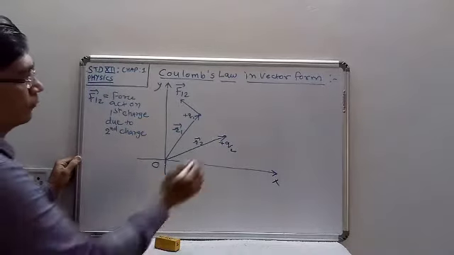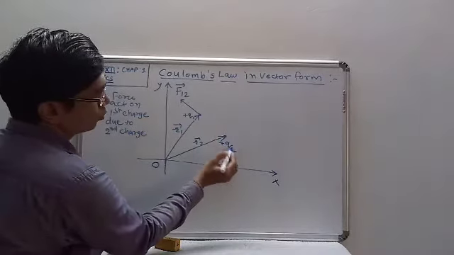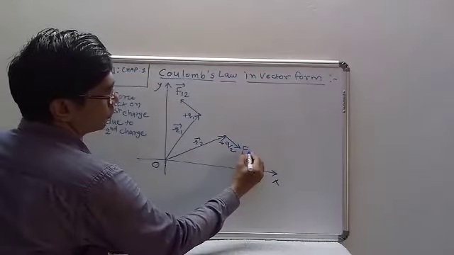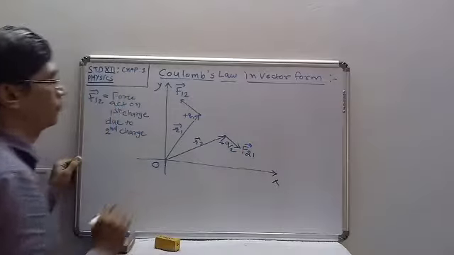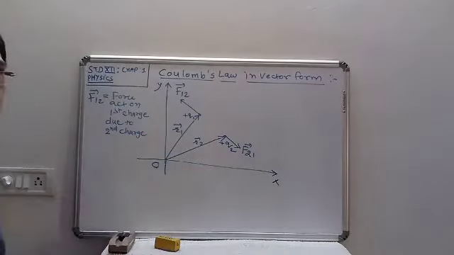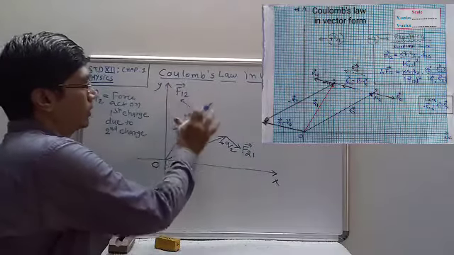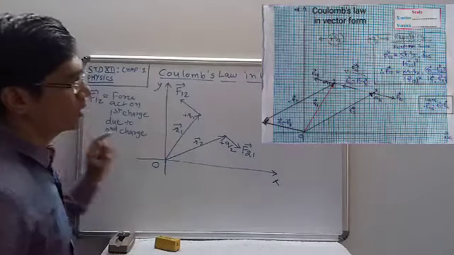So this is the repulsive force. Here also Q2 is repelled by the first charge. This force is given by F21, the force on the second charge due to the first charge. So how can we write the equation of F12 or F21?